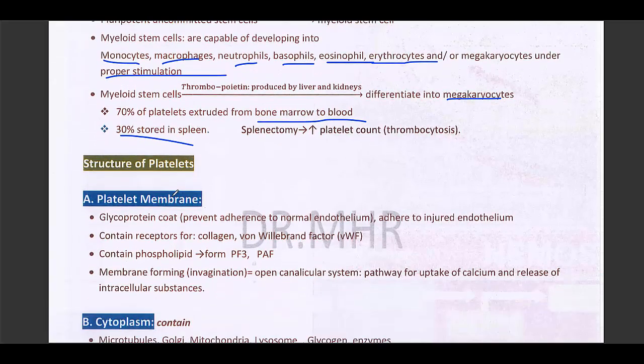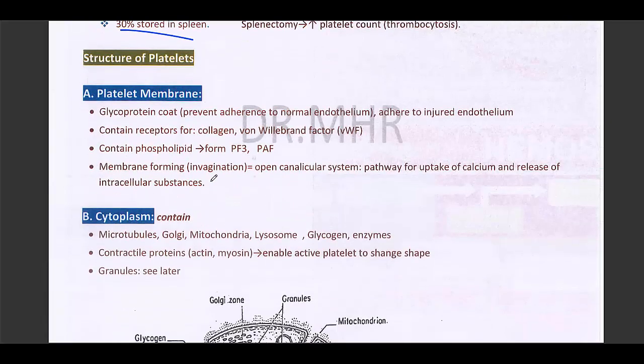Now let's go to the structure of the platelets. The platelet membrane is coated by a glycoprotein coat. Why? To prevent adherence to normal endothelium, so as not to cause thrombosis in normal cases. It only adheres to injured endothelium.